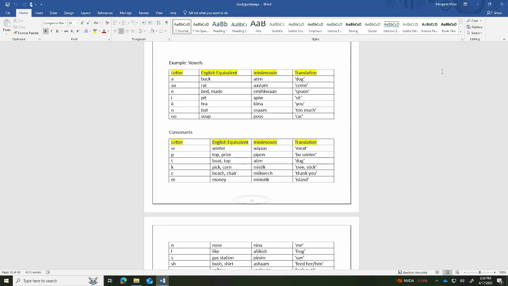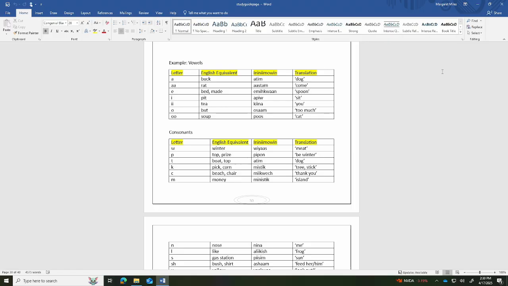The long I sound in the English equivalent would sound like T. And in the language, kina, meaning you.